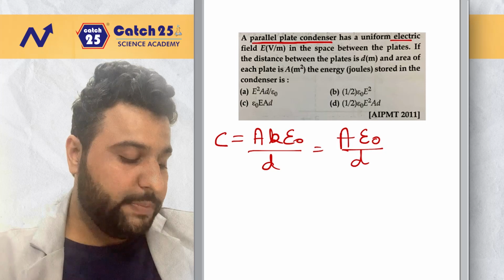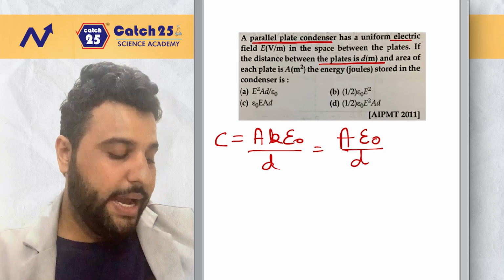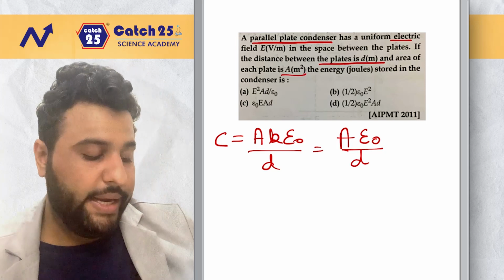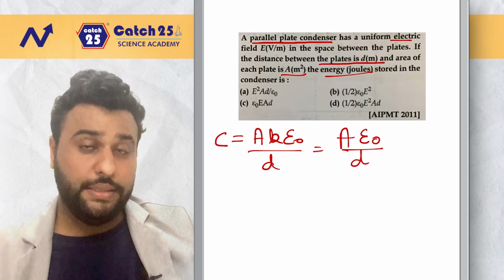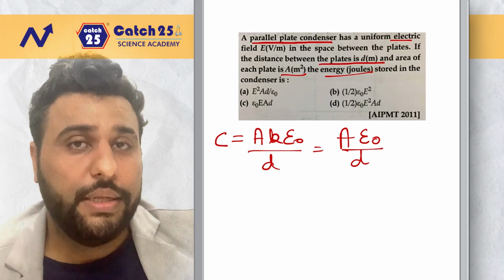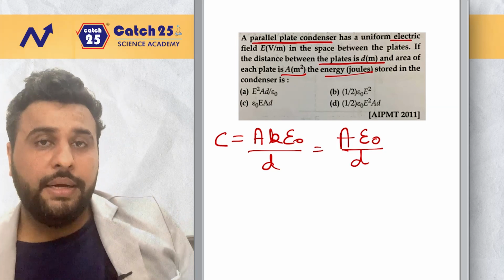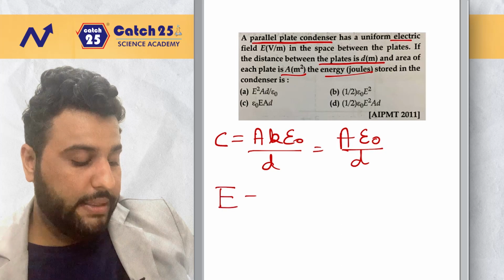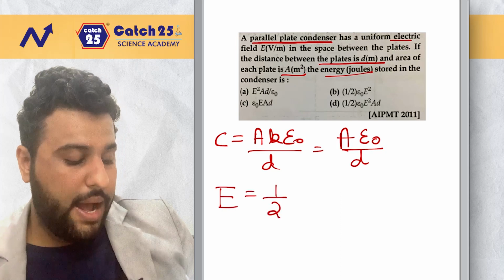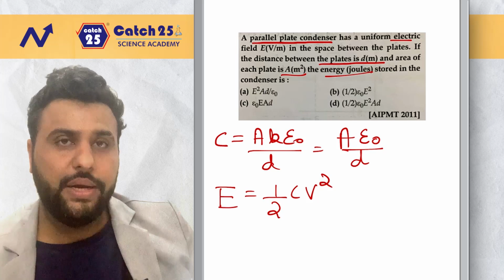Now, if the distance between the plates is D and the area of each plate is A, then the energy stored in the condenser is... Now, energy stored in a condenser, work done in a condenser, is given by the formula E is equal to half CV square.